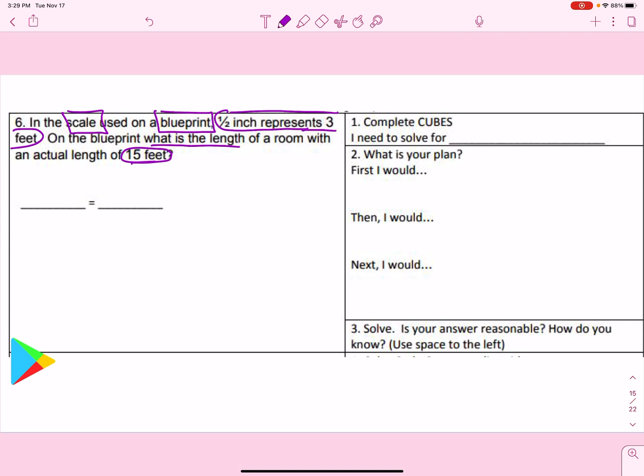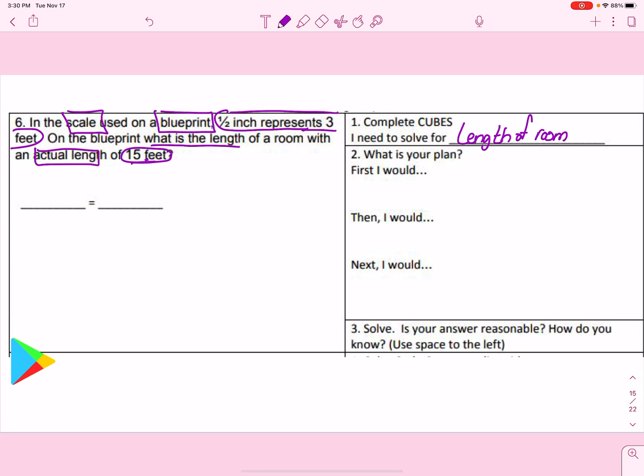If we know that the actual length is 15 feet, all right, so we are solving for what here? It says, what is the length of a room? Length of the room.